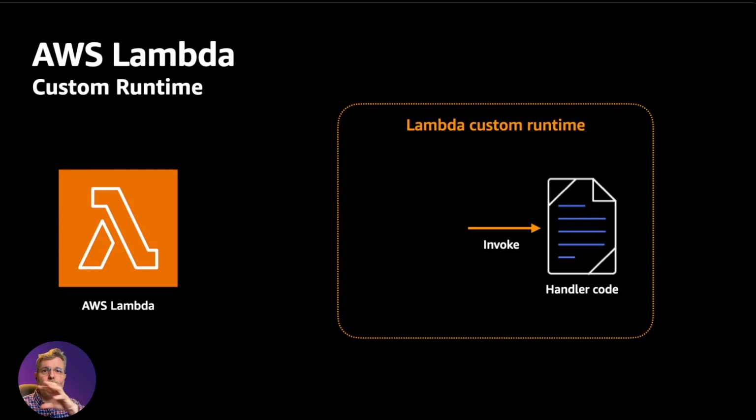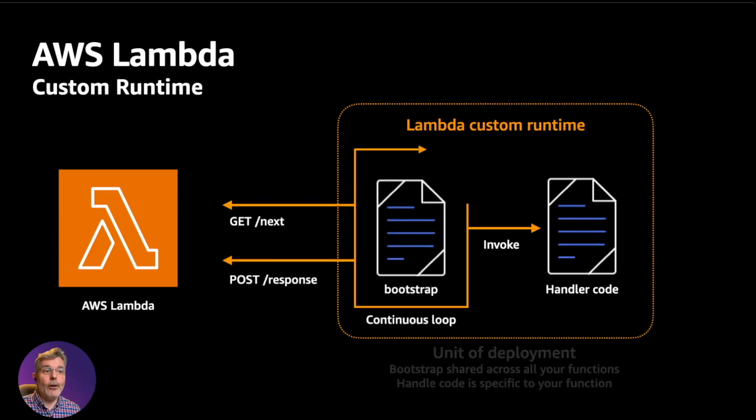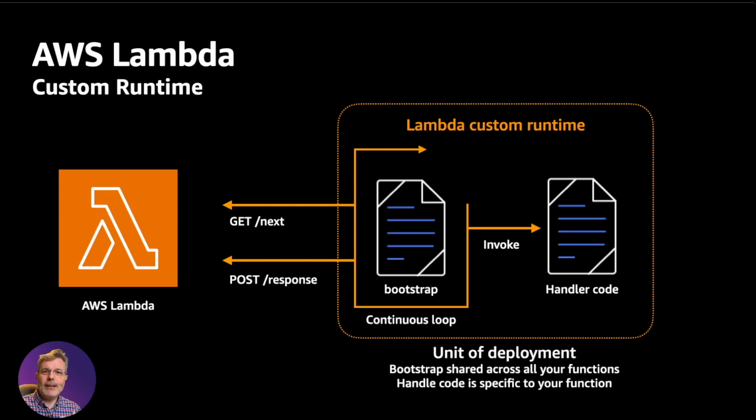But to be able to bridge the Lambda service to your code, we need what we call a runtime handler. And the runtime handler is a very simple program running inside the Lambda micro VM that will create an infinite loop asking the Lambda service, hey, do you have an event for me to process? It's an HTTP REST API call from your code to the Lambda service saying, hey, give me the next event to process.